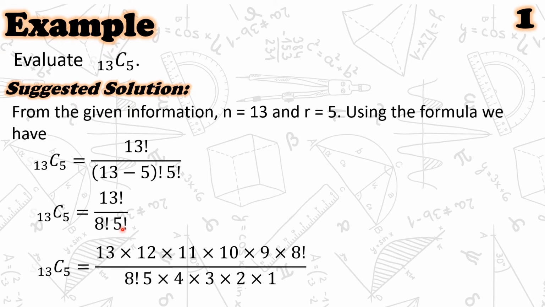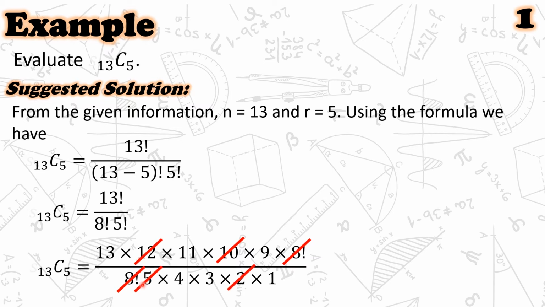From the definition of factorial, we have 13 factorial is equal to 13 times 12 times 11 times 10 times 9 times 8 factorial. We need not expand 8 factorial since we have 8 factorial in the denominator, and a number divided by itself is equal to 1. Also, we have 10 in the numerator, that is equal to 5 times 2 in the denominator, then 10 divided by 10 is equal to 1.